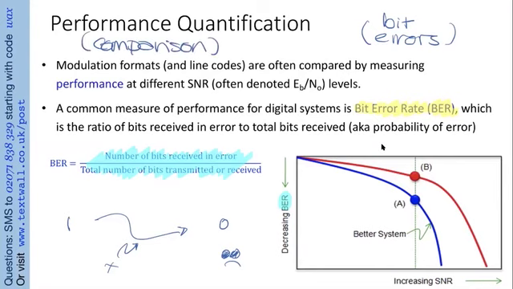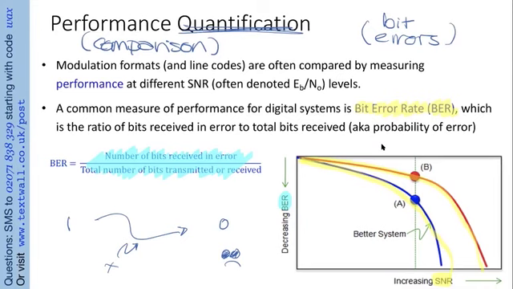So when we say performance quantification, we want to see how good a communication system is. So in this example, we have this red communication system and a blue communication system. The red and the blue could represent different modulation formats. For example, the horizontal axis is the signal to noise ratio, and the vertical axis is the bit error rate.